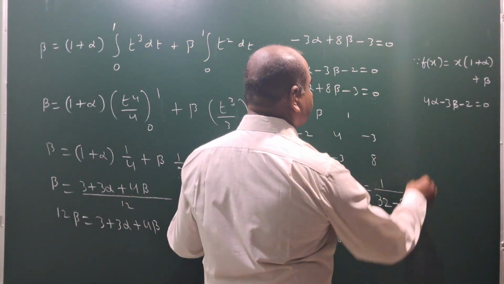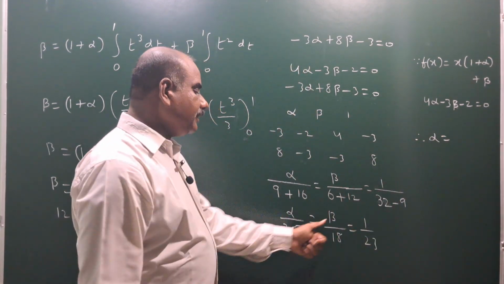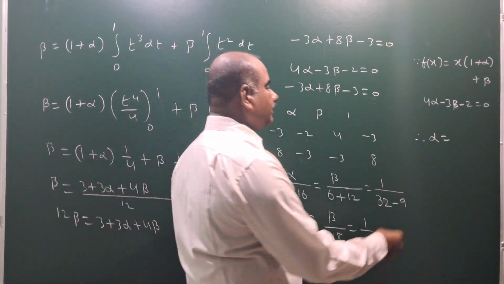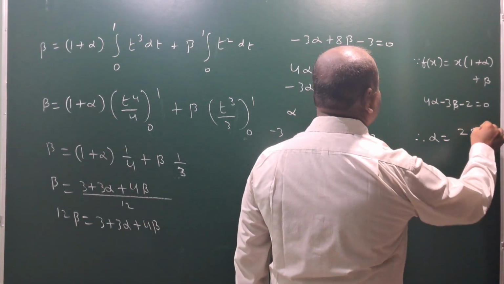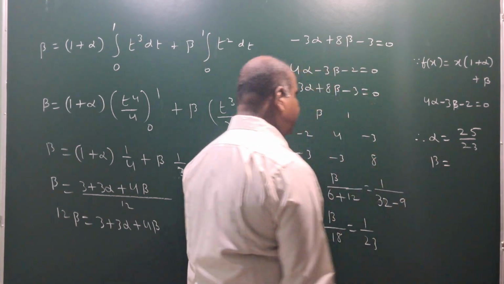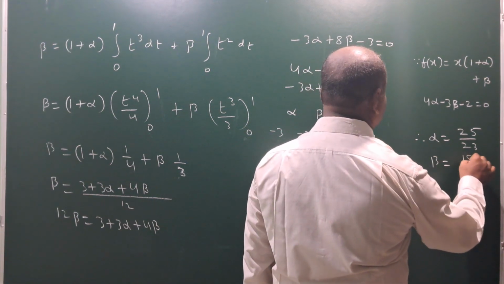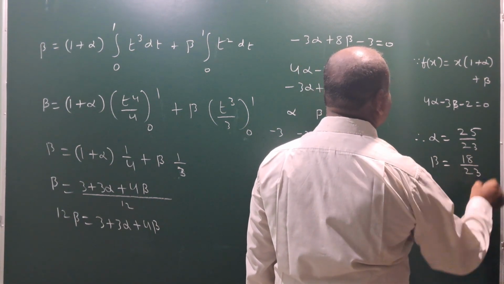So finally alpha is equal to 25 into 1 by 23, that is 25 by 23. Beta is equal to 18 into 1 by 23, that is 18 by 23.